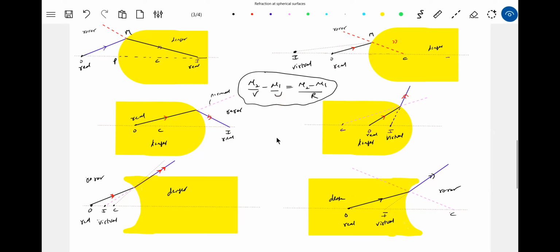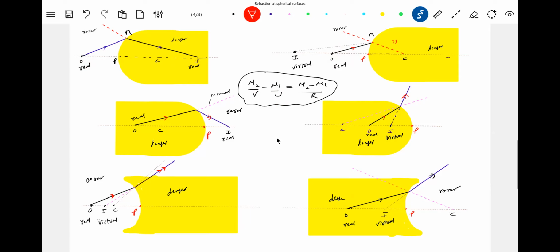Next, what is v? v is this image distance you should measure from here, from P. This is v. This is u. What about u here? u is this one. This is u. What about v? v is measured from P. In all the cases, all the distances are measured from P. So in the formula, what you should do?